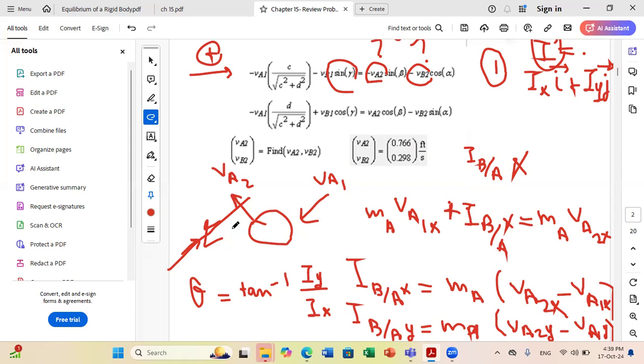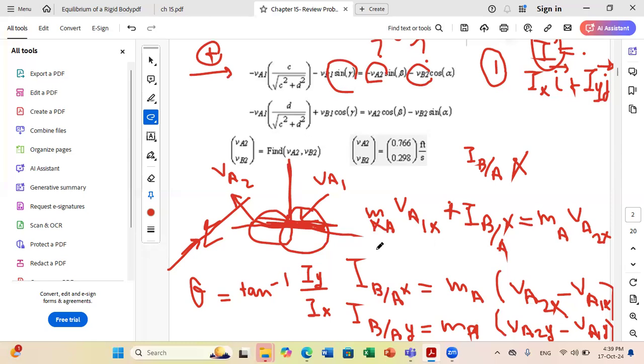In case the line of impact is x, so when the two particles collide with each other, the impulsive force between them will be along the line of impact. So do you have any force between them in the perpendicular direction? No. Since in the perpendicular direction you don't have an impulsive force, the velocity will not change.